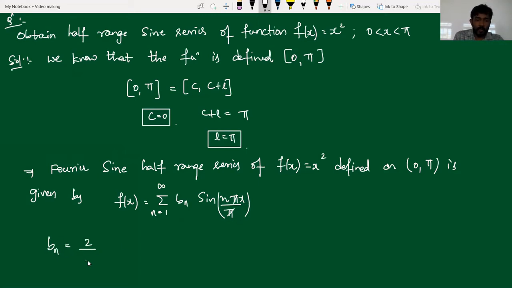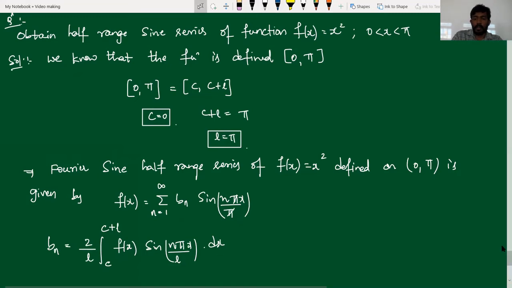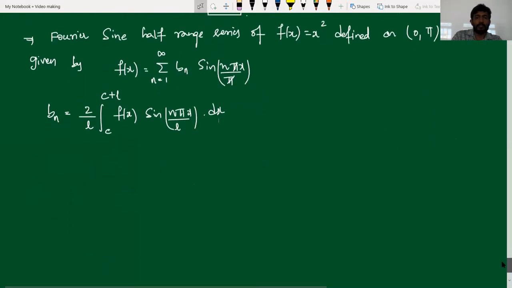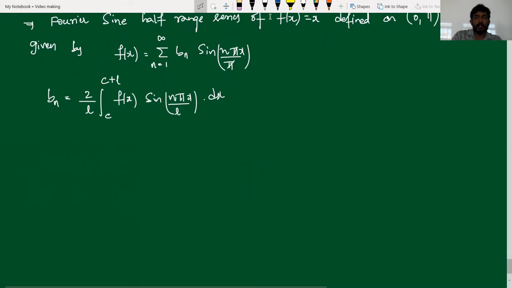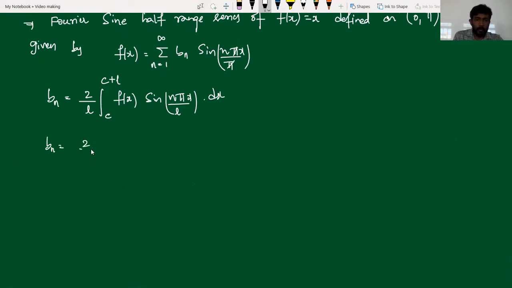Now we consider the formula for bn. Bn is 2 by L integral c to c plus L f of x into sine n pi x by L into dx. Now I substitute the value of L is equal to pi in this. We get bn equal to 2 by L, value is pi, integral c is 0, 0 plus pi becomes pi here.